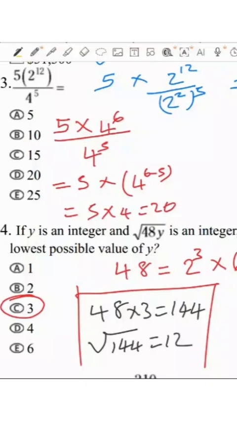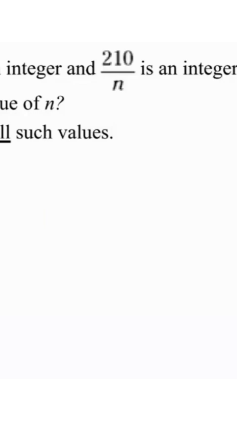All right. Next question. We can also take advantage of prime factorization here. But by the way, what is the question asking us to do?